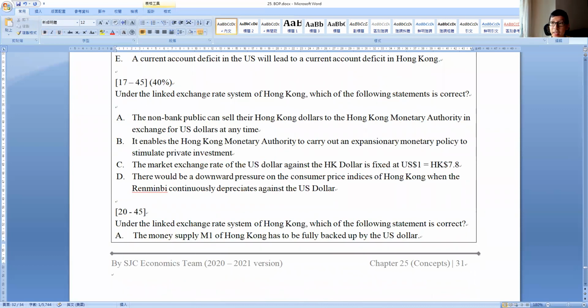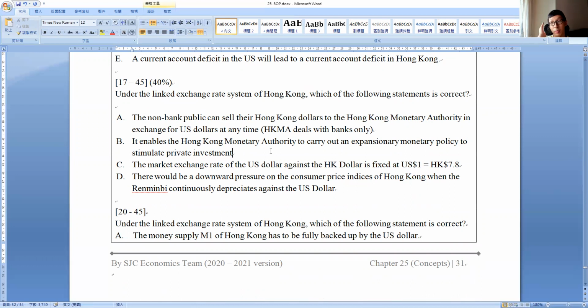好啦，next one, the same here. 好啦，under the linked exchange rate system of Hong Kong, which of the following statement is correct? Now, first, non-bank public can sell Hong Kong dollar to HKMA. No, remember, HKMA deals with banks only. 佢唔會同你做生意嘅，得唔得？嗱，B, it enables Hong Kong HKMA to carry out expansionary monetary policy.